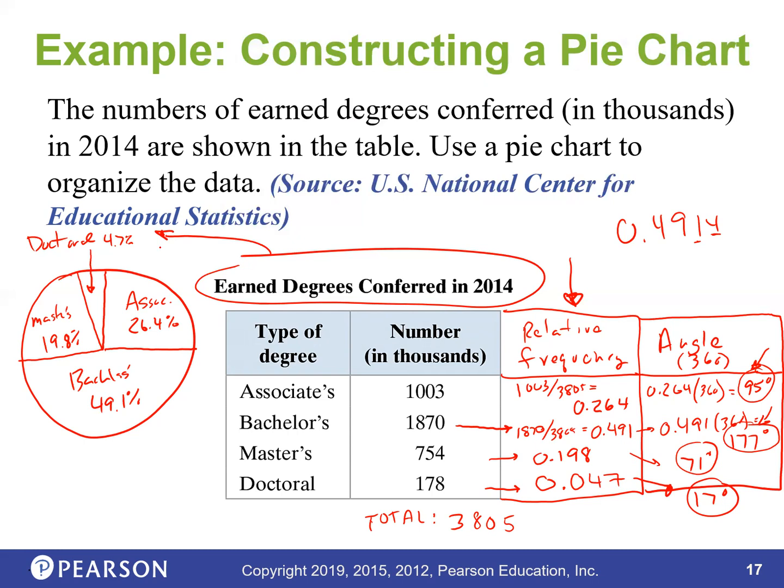Yeah, interesting. I think it's 2010, I believe. They were looking at how many degrees were awarded, and they started to look at it in terms of male and female. And I think 2010 was the first year where more females were getting degrees than males.